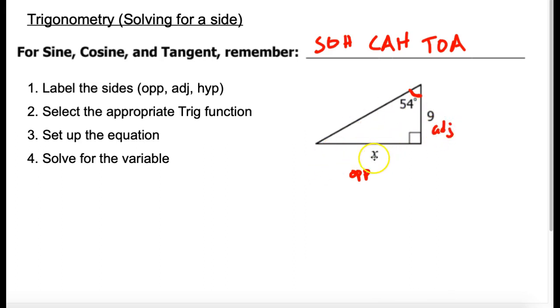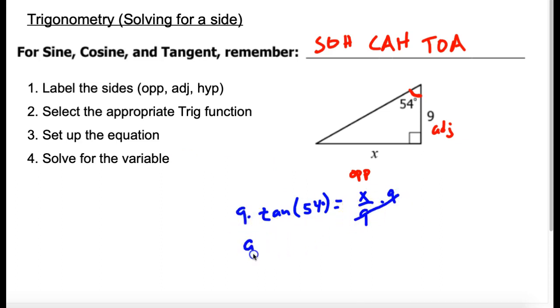So the trig function that deals with opposite and adjacent is tangent. So my setup is going to be tangent of my angle equals opposite over adjacent. So equals x over 9. Then the final step, to solve for x, I'm just going to multiply both sides by 9.